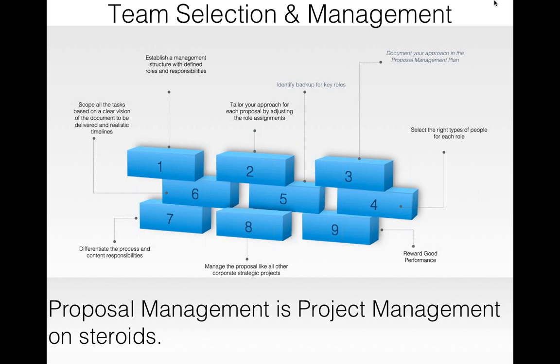Because if you overload the content person with too many processes, or he has to do the same things from the process side and then the content development side also, he will have to compromise on one of them. Either he will skip the processes and only focus on the content, or he will only focus on the processes and manage with inferior quality of content. So select the right people and assign them the right roles. Without that, your proposal management process will not be effective.